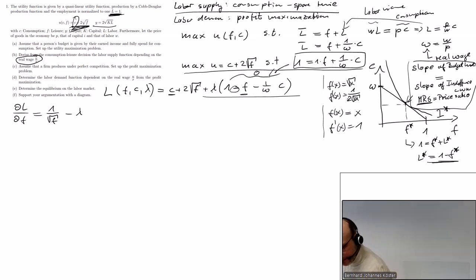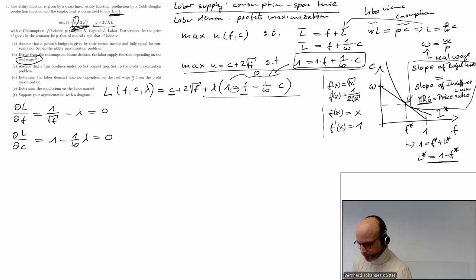So minus lambda equals 0. Then we need dL with respect to c. Yes, 1 minus 1 over omega times lambda equals 0.